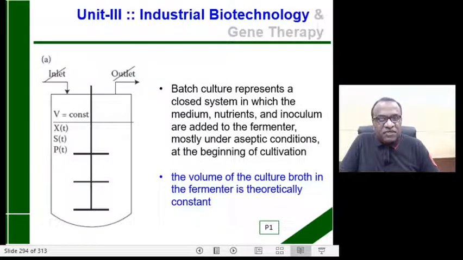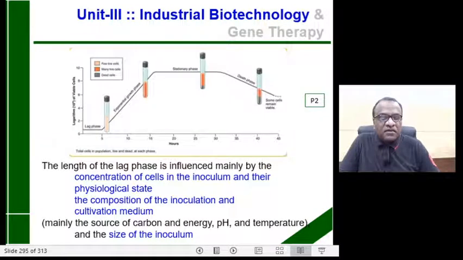The medium, nutrients and inoculum are added under aseptic conditions at the beginning of the reaction itself. Right. So if you consider the classical growth curve of the microorganisms, it is divided into 4 main phases.